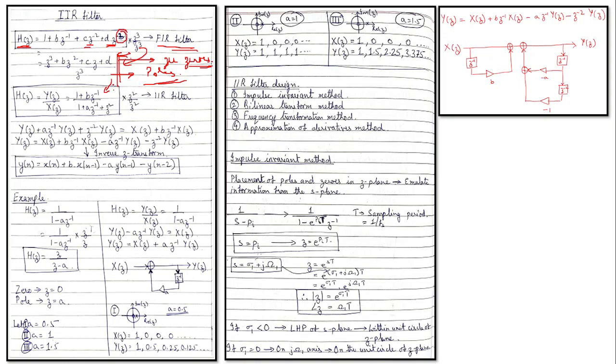Now this H(z) is equal to Y(z) divided by X(z), right? Now if you try to solve it, Y(z) plus a z inverse Y(z) plus z to the power minus 2 Y(z) equals X(z) plus b z inverse X(z).